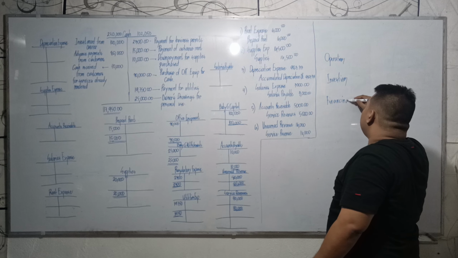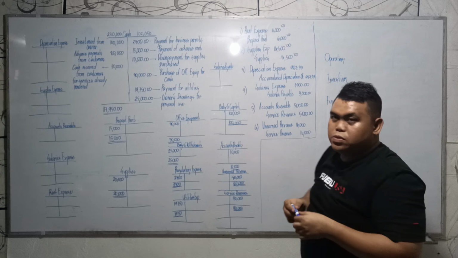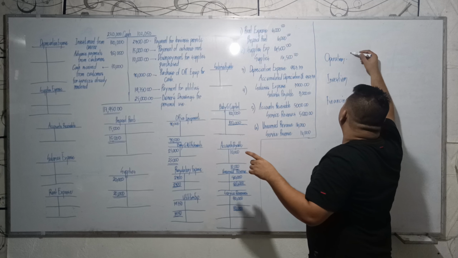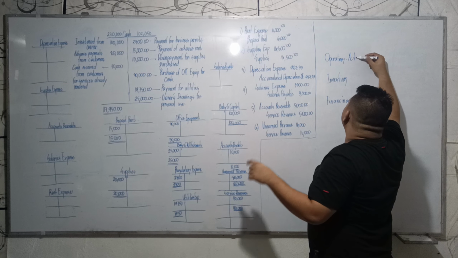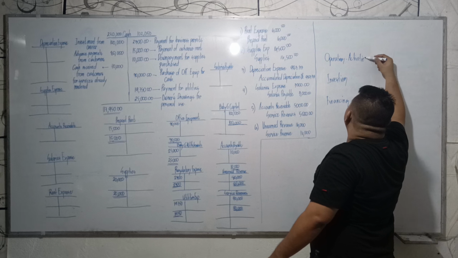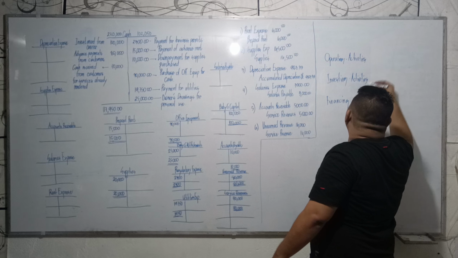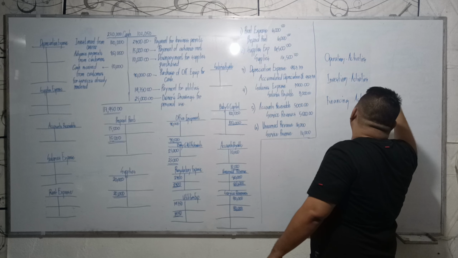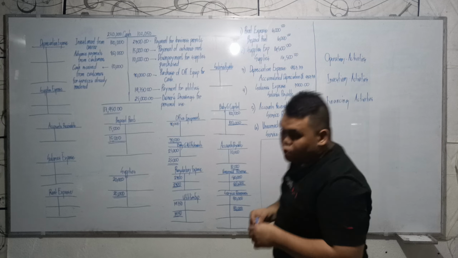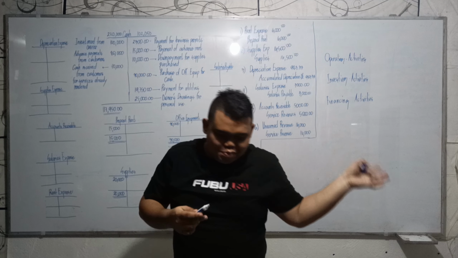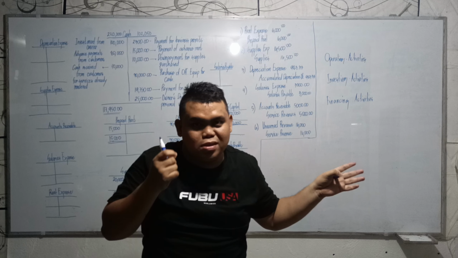Okay? So those are the sources of cash inflows. So let's put right here operating activities, investing activities, and financing activities.